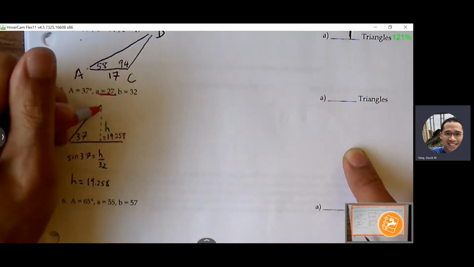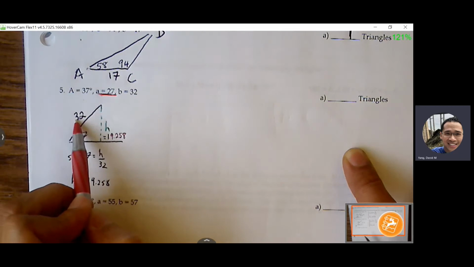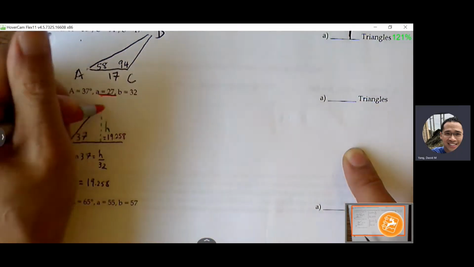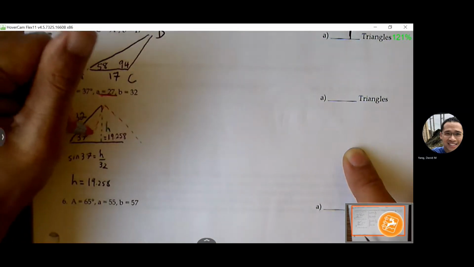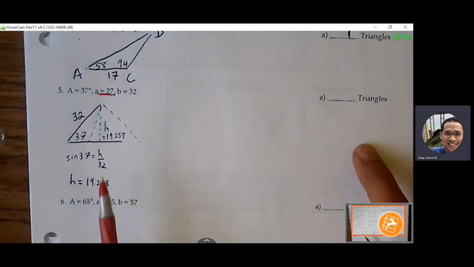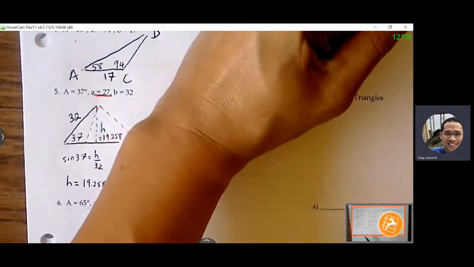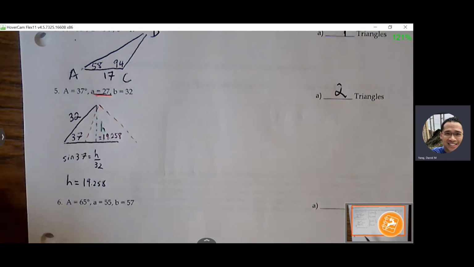So there's 2 possible triangles because this hanging side is smaller than 32, but greater than 19. Okay, so the next page, we're going to focus on solving for these 2 triangles. But right now, we just want to get that first step down and be able to recognize what type of situation we're dealing with.